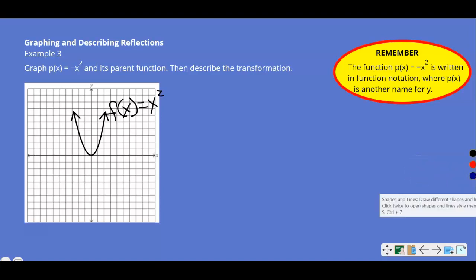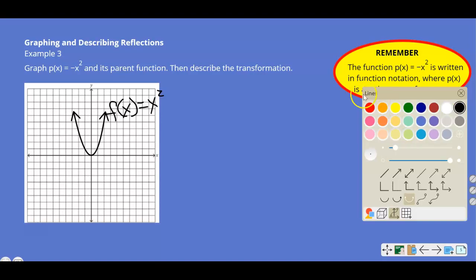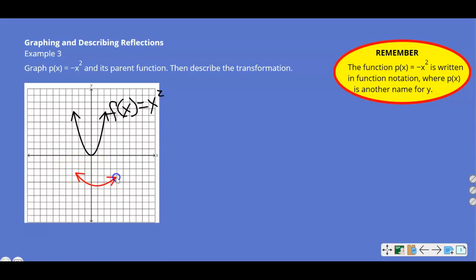So if we want to graph p of x equals negative x squared, we know that's going to be a reflection across the x-axis. So let's graph this one in red. It's going to be a reflection, so that means it's still going to have the same y-intercept.